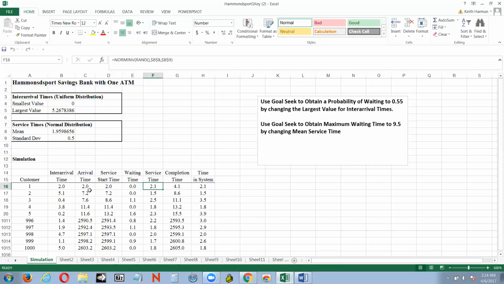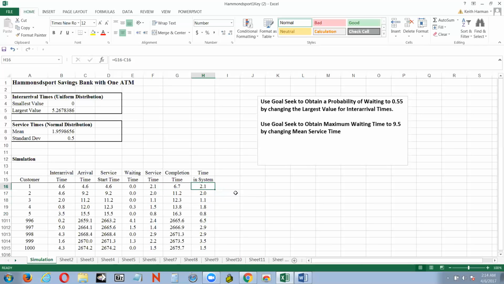The service time was 2.1, and the completion time was 4.1. So we're breaking their whole experience down into chunks of time, and then we want to look at the time they spend in the system.